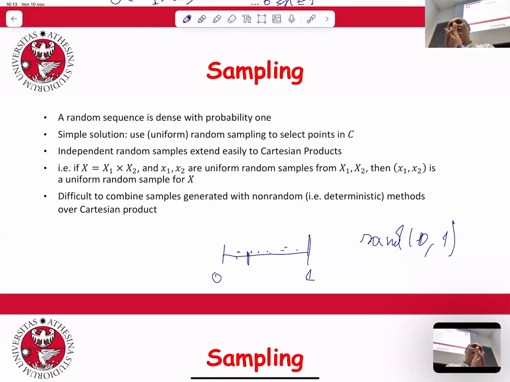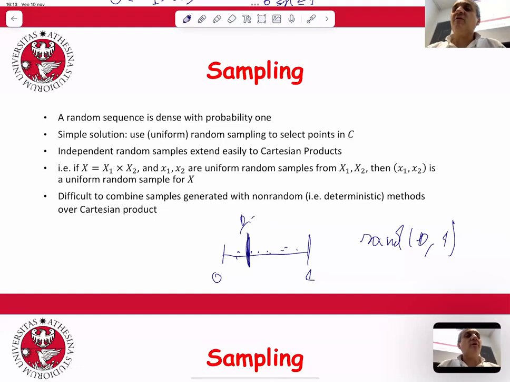No, the question is like this. If I say I will cover densely this segment with probability one, it means that, in this case, my event space is made by the sequence of numbers that I extract. It's possible that I will always extract this number for a very long time.